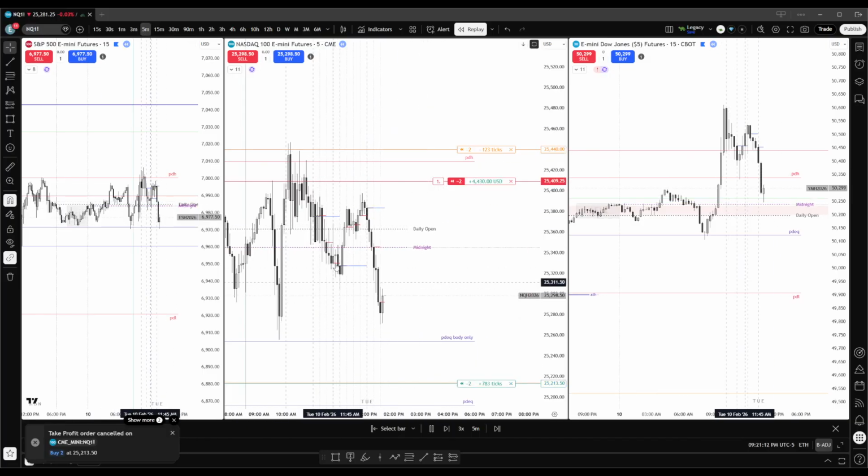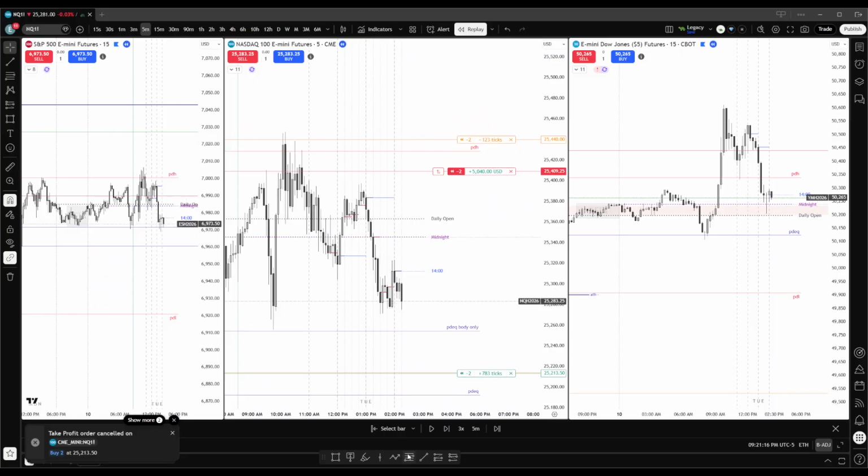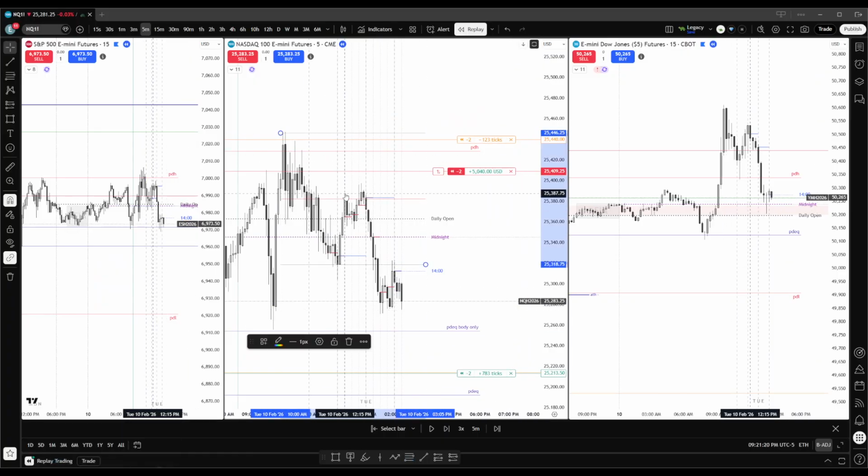Yep, rebalancing this range right here. Back to EQ, boom. This is the range, right?